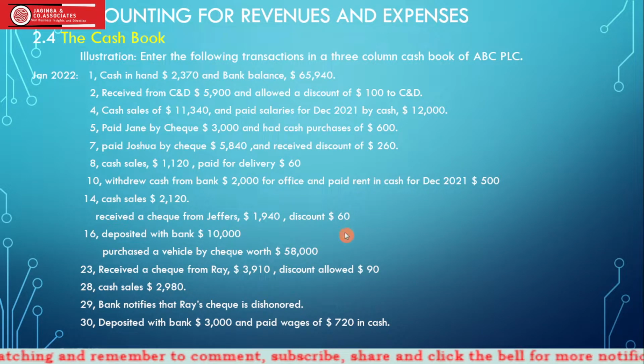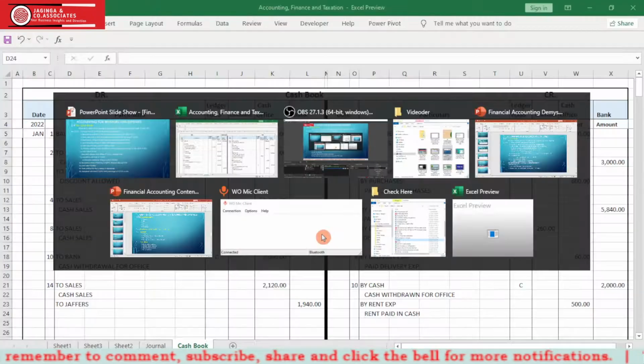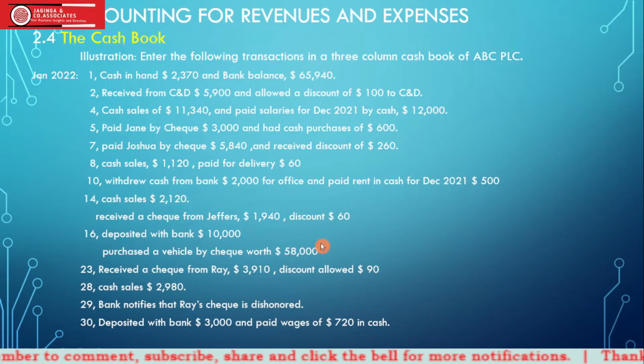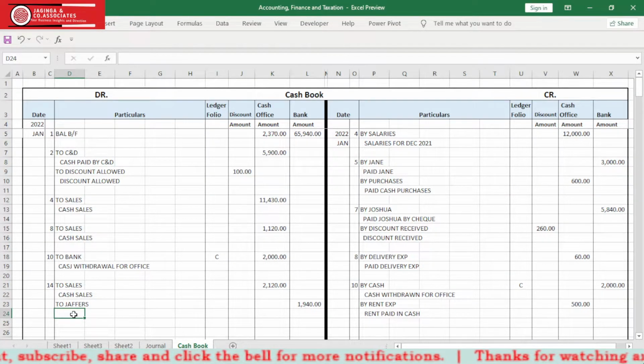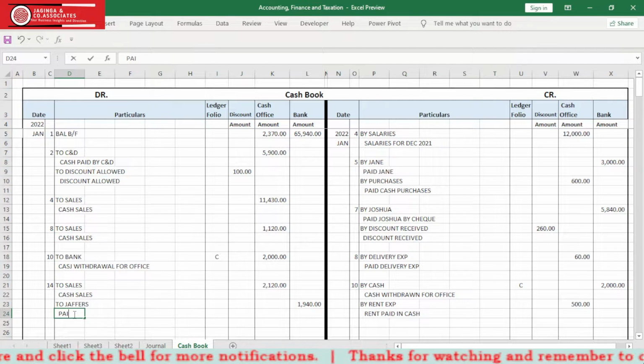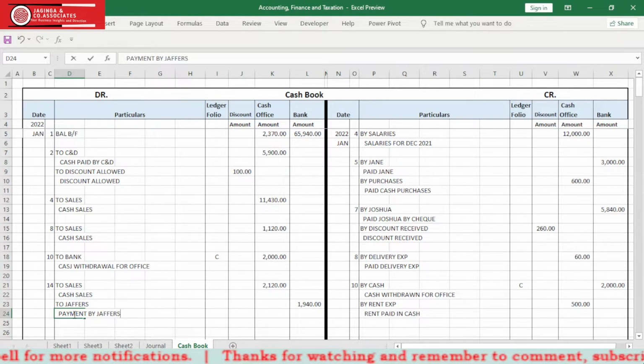It received a check to 1940 and a discount of, he allowed him a discount of 60. So here I will say payment, the payment by Jeffers by check.